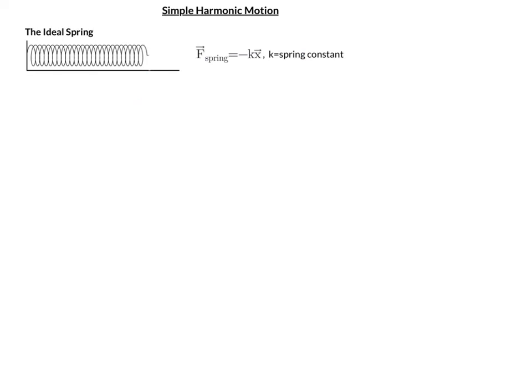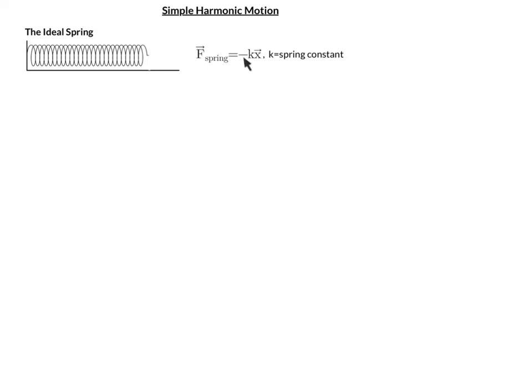So we say that the spring force is proportional to the stretch or compression from equilibrium, and that proportionality constant is called the spring constant. So K here is the spring constant of the spring. It's a function of the material that the spring is made out of, a function of the thickness of the coils, various things like that.